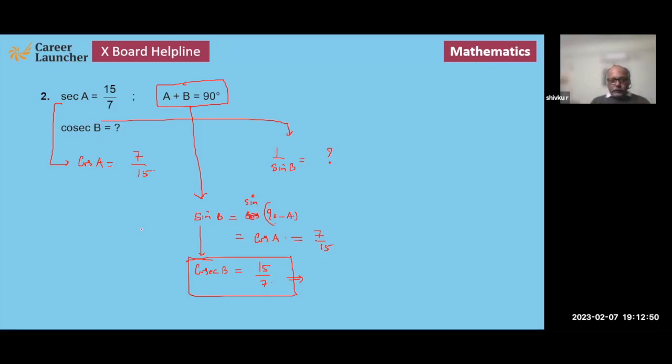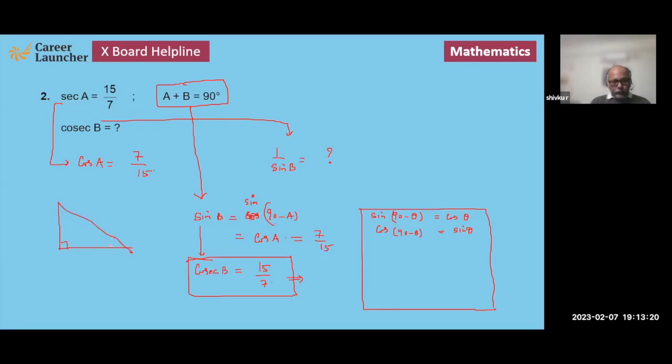So remember the standard properties. This table should be completely ingrained in your mind. Sine 90 minus theta is equal to cos theta. Cos 90 minus theta is equal to sine theta. Right? Always think of it as a right angle triangle.